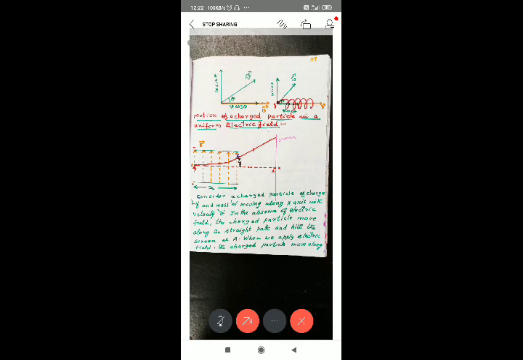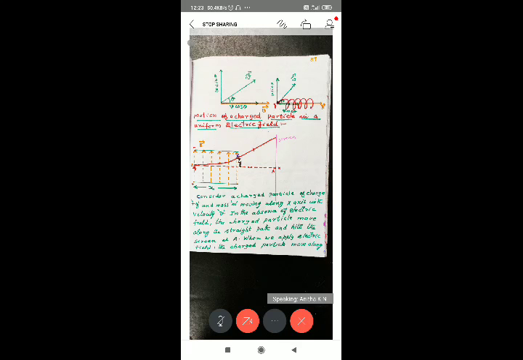But due to the perpendicular component, the particle will complete a circular path. Due to the perpendicular component of velocity V sin theta, the particle's direction is changed and it moves in a circular path.